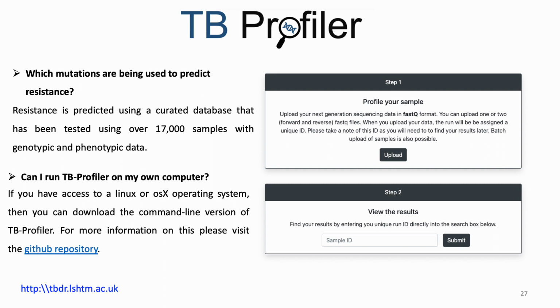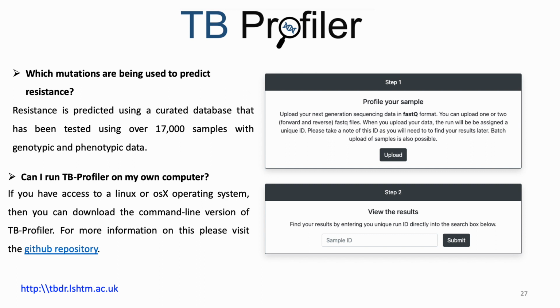The answer is yes. If you have access to a Linux or OS X operating system, then you can download the command line version of the TB Profiler. For more information on how to install, run, and set up the TB Profiler in a command line environment, you can visit the GitHub repository of the TB Profiler.